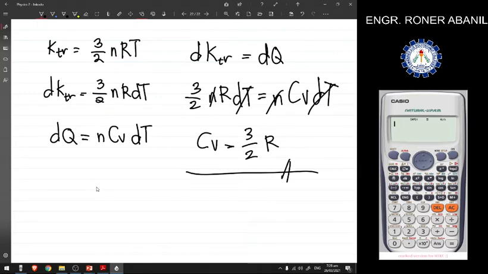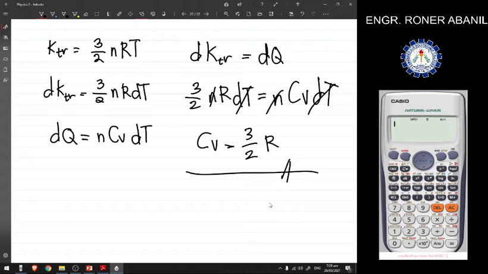These surprisingly simple results say that the molar heat capacity at constant volume is 3R over 2 for any gas whose molecules can be represented as points. Okay? So, this equation agrees with the measured values of molar heat capacities in SI, no?